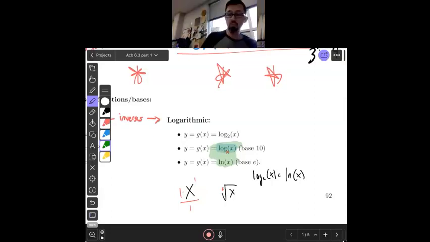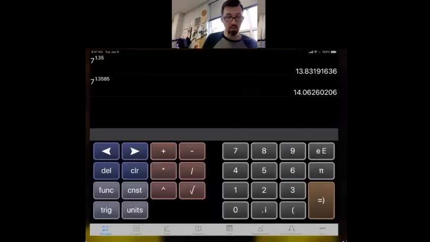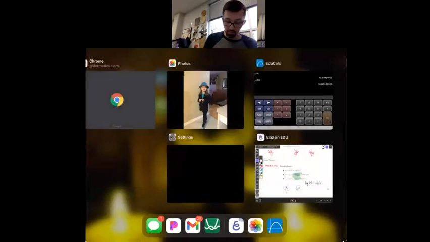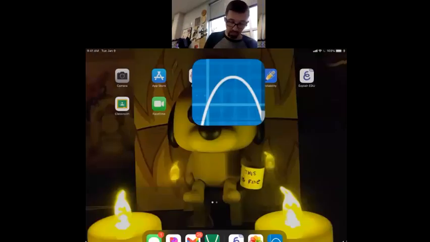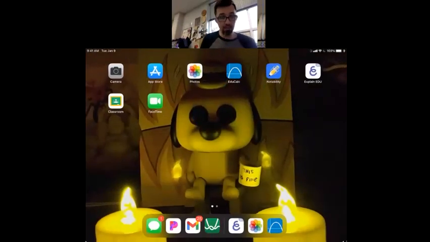So mainly what I use for myself, I've showed you guys this app many times, is this EduCalc app. It's up there in the center of my desktop, on my phone or my iPad. If you have an iPhone, this one works really well. It's free. Just search free graphing calculator on the App Store.